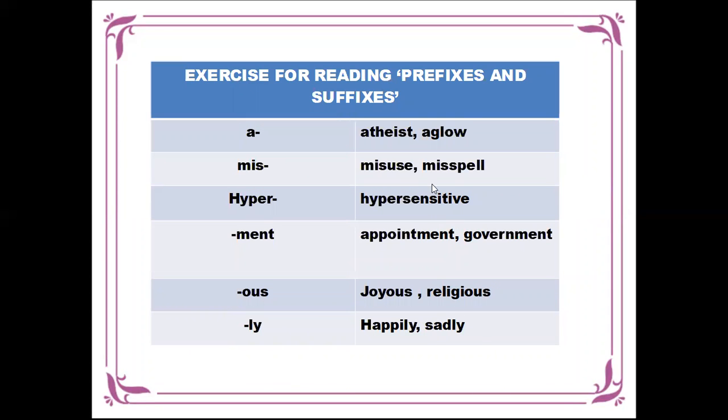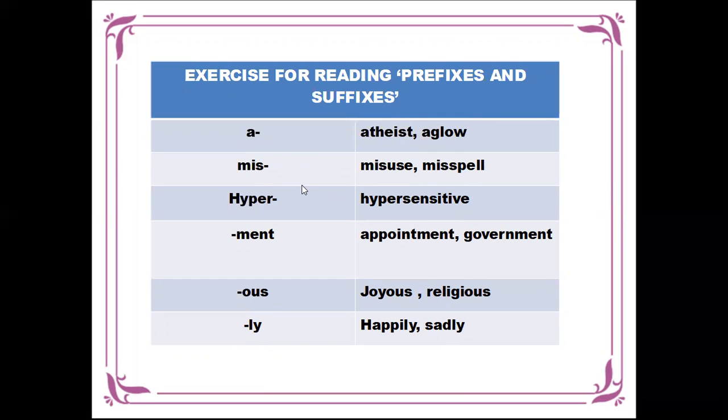Now we can see some exercise for reading prefixes and suffixes. A: atheist, aglow, misuse, misspell, hyper, hypersensitive, ment, it is a suffix: appointment, government, ous: joyous, religious, ly: happily, sadly.